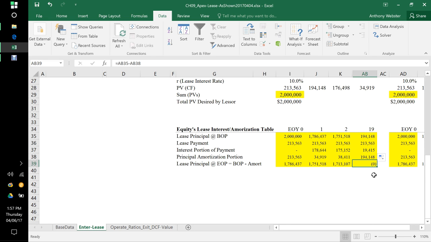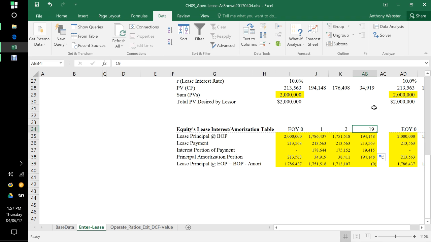How do I know I've got it right? I know I've got it right because for these uniform pay leases or mortgages, the beauty of these amortizing instruments is that at the very end there is no more principal to be paid off. So if you got everything right, your principal should go to zero. Why is the end at 19?